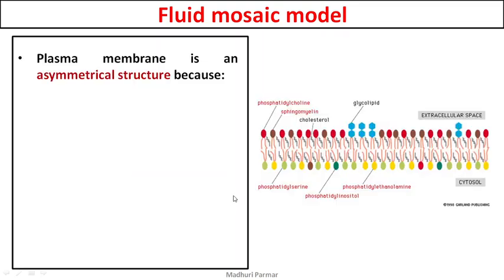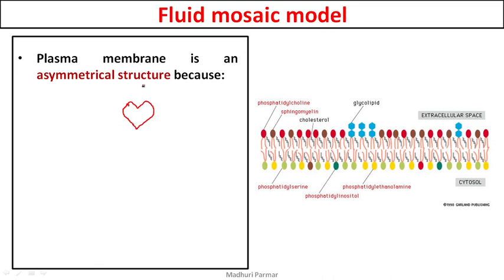Now we move ahead and we discussed why the plasma membrane structure is asymmetrical. Asymmetrical means it is not the same on both sides. Normally, what does symmetry mean? Symmetry means that if you take anything, let us say I'll draw some heart.